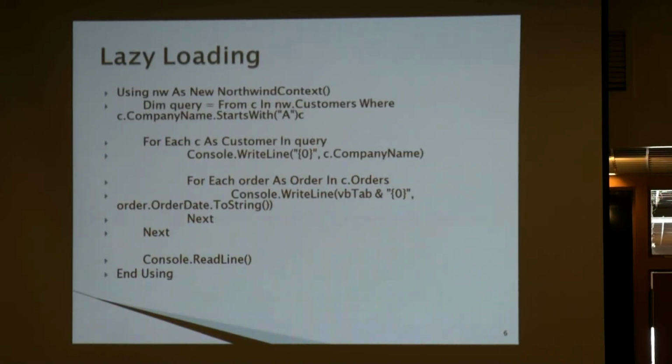What it's saying in the second line is: from customers, I want to get C, C is like the entire table, where the company name starts with A. Right? This is very much like a normal SQL statement, and that's the point of using Entity Framework. And then what you do is you go through a loop, seeing every company, displaying it in a console. Okay?